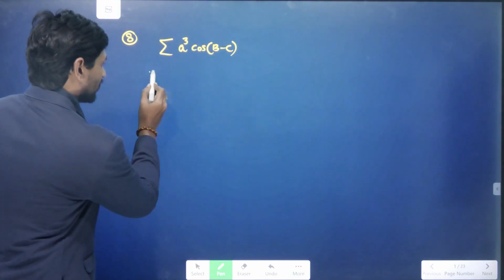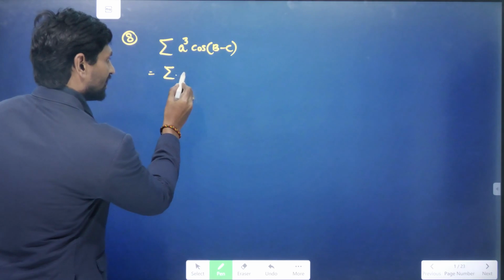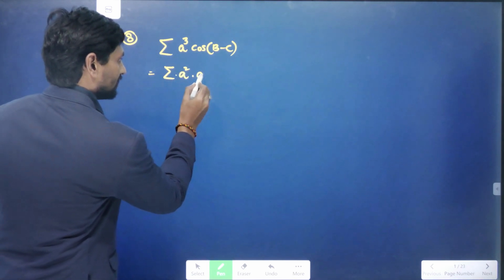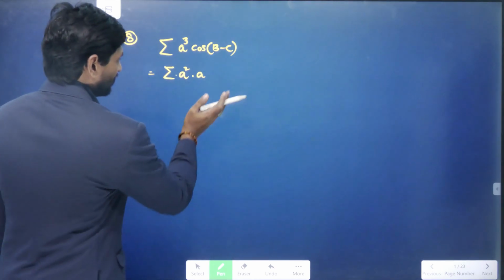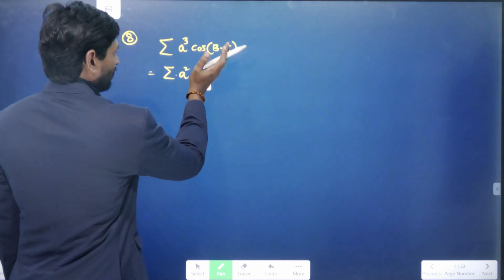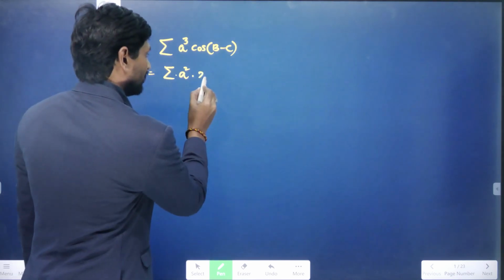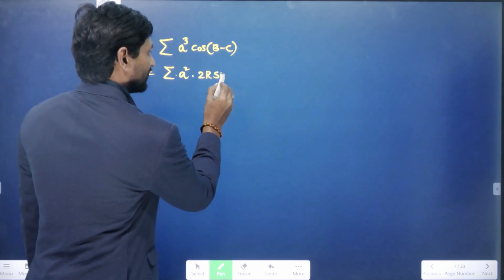Now this one, a cube, I can write as a square into a. Am I right? A cube I can write as a square into a, and in the place of a we can write 2r sin a.